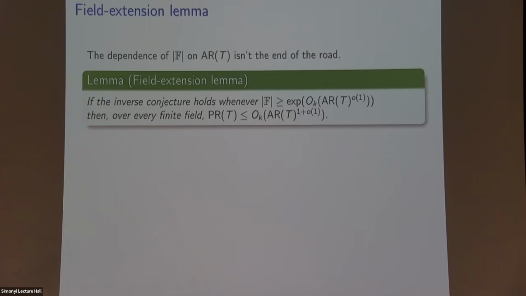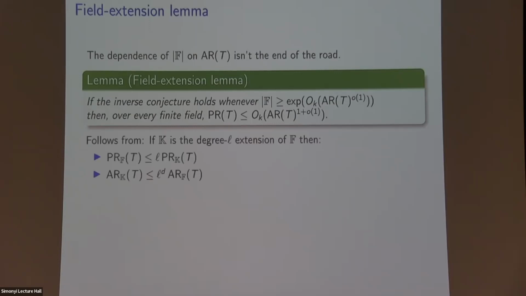You can show that for any finite field, the partition rank is bounded in terms of the analytic rank to the power not of 1, but 1 plus little o of 1. The little o of 1 goes down in the analytic rank. The proof here is not very hard.